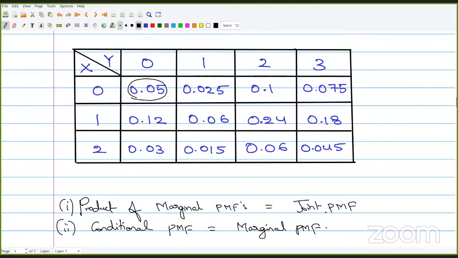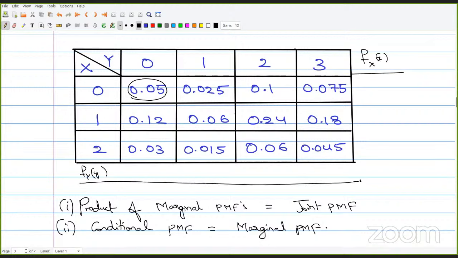Take some 2 minutes time. This is the marginal PMF of X, and this is the marginal PMF of Y. Compute these 12 values.